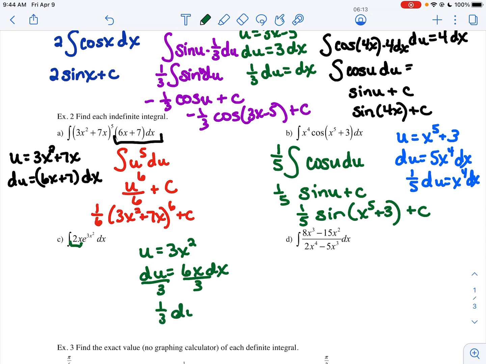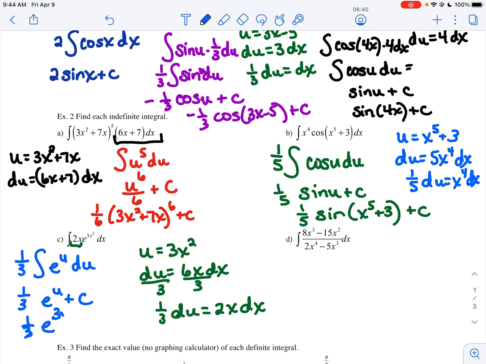So that's 1/3 du is my 2x dx. So I had part of it. I didn't have a full 6x, but I did have the 2x. So I'm going to get 1/3 the integral of e to the u du. Okay, that one's tricky, so let's really think about that. So then I'm going to get 1/3 e to the u plus c. U is 3x squared.